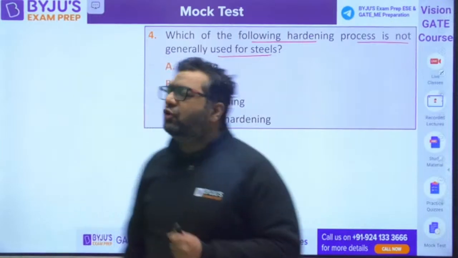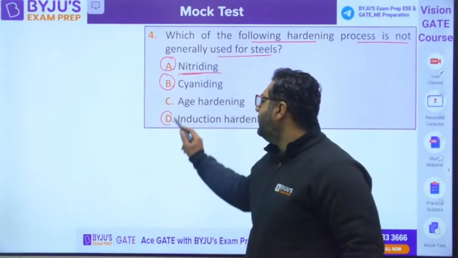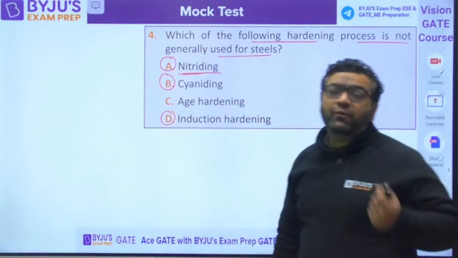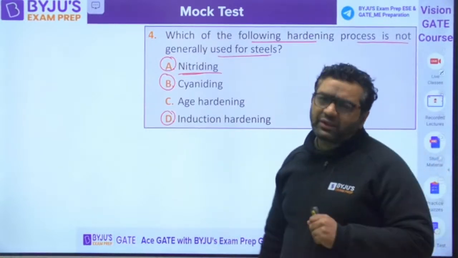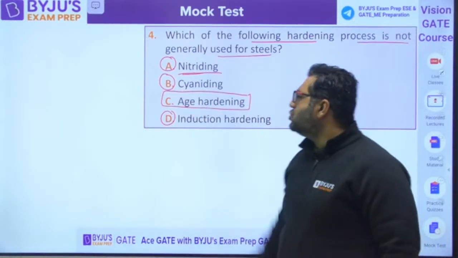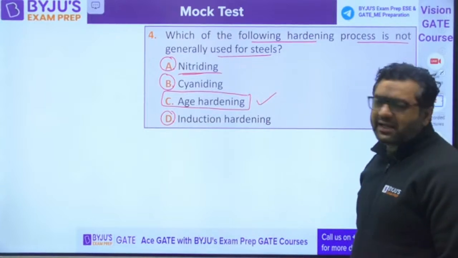Nitriding, cyaniding and induction hardening are the surface hardening processes which are performed on steel. But this process is generally not performed. Okay. So the answer will be C. C is the right answer.